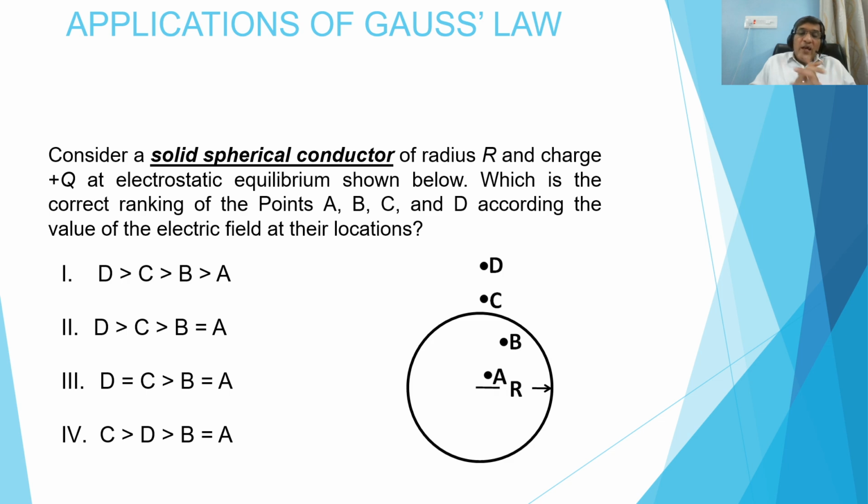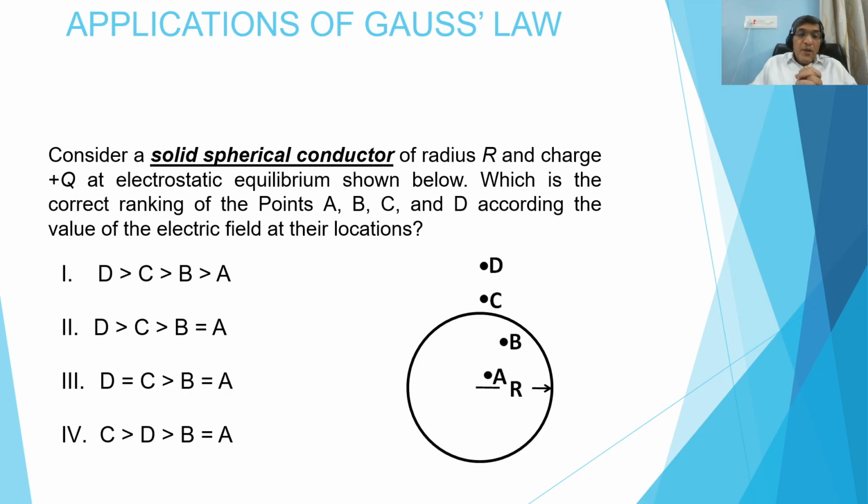And as you saw with the help of the previous question, which we discussed in a very nice way, as we move away from the conductor, the electric field decreases with distance. So D is farther away than C, and the value of the electric field at D is less than at C. So the electric field at C is greater than D, and the electric field at B is 0 and A is 0.